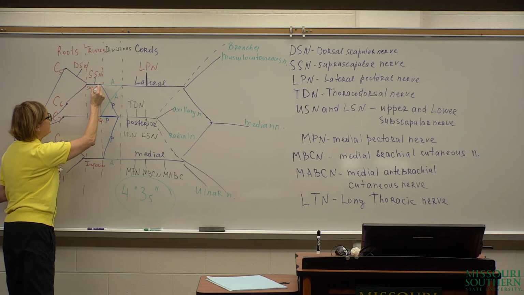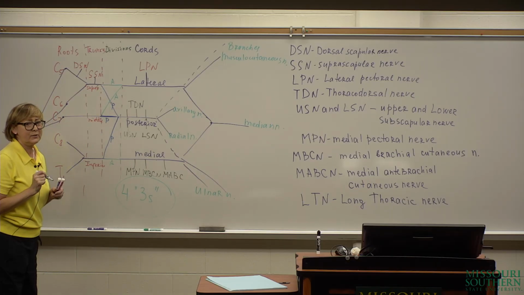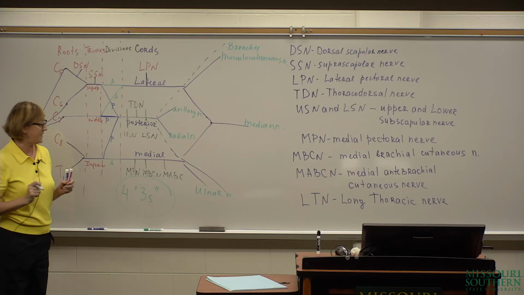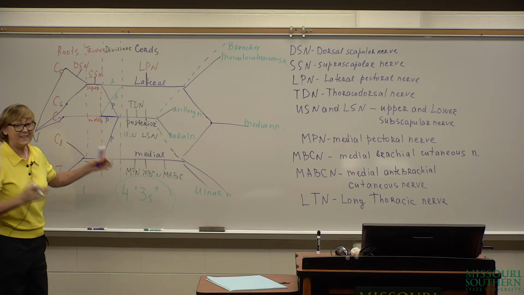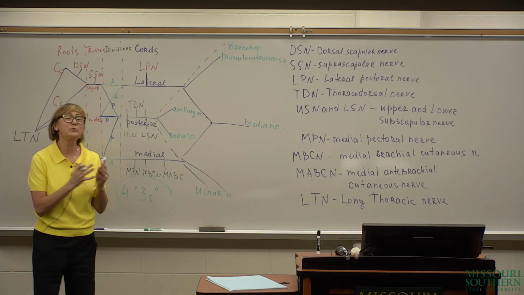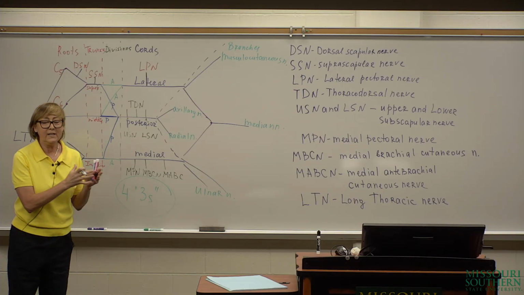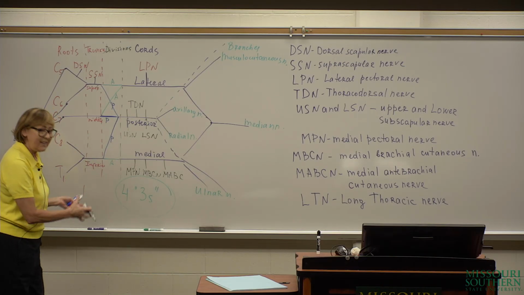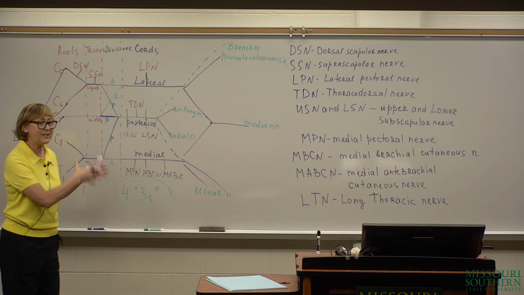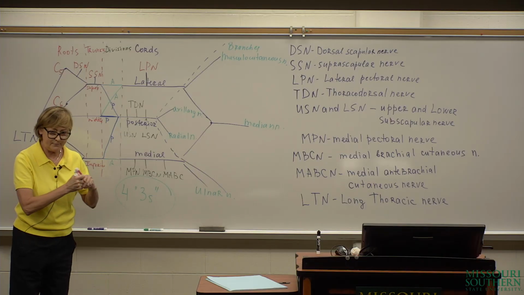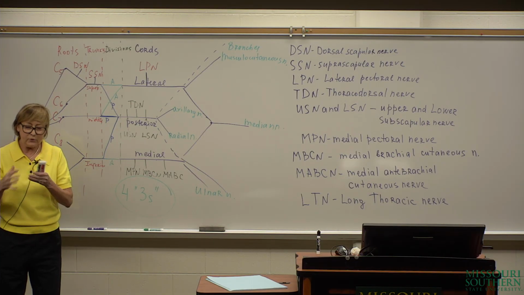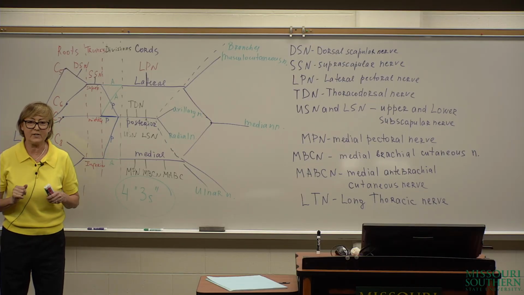There is a small nerve to the subclavius muscle that comes from the superior trunk as well. Just remember that. So now, how can we use this diagram to help us to understand which spinal nerves contribute to which nerve? So the majority of these nerves follow the rules. There are a few exceptions that we will discuss at the very end.